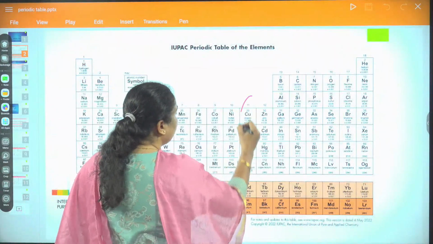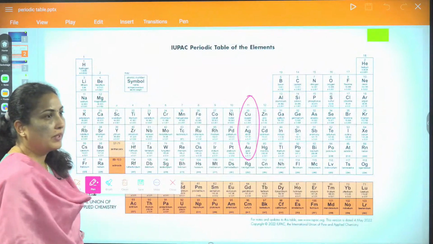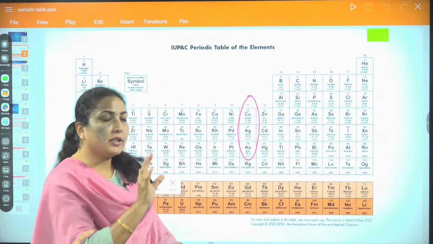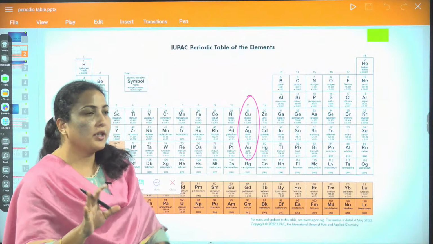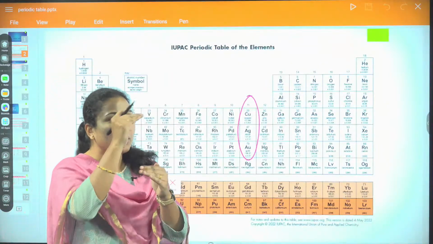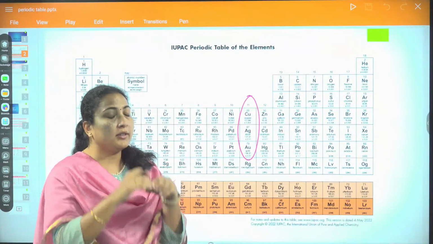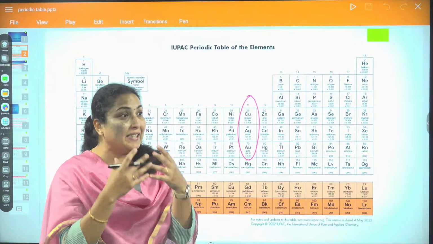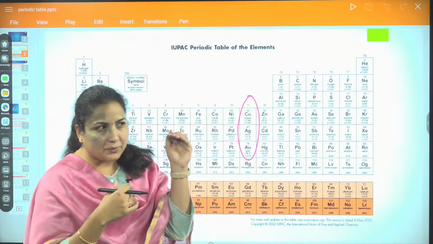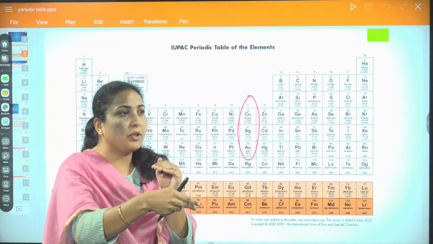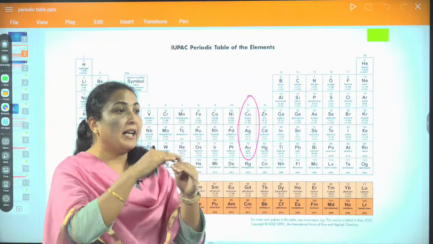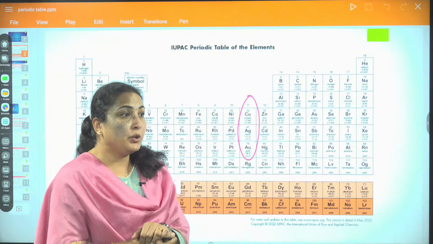Now, next one is copper, Ag, Au, right? They all are coinage metals. Here also you don't need any mnemonic, okay? What you remember is, as you are moving from copper to gold, the value of that particular thing is increasing. Copper is less valuable. Then comes the costlier one, Ag, and then comes Au, which is gold.